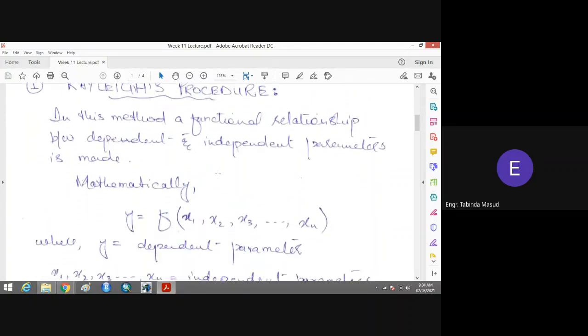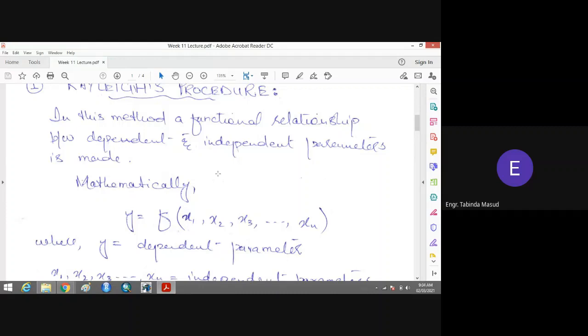In the case of Rayleigh's procedure, the very first step is to think about the parameters that will be involved in your problem. You are going to develop a formula for the drag force, so you must think about which physical parameters can be involved in the formula of the drag force, or what are the parameters on which the drag force will depend.